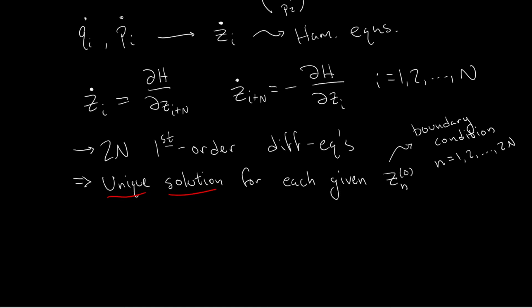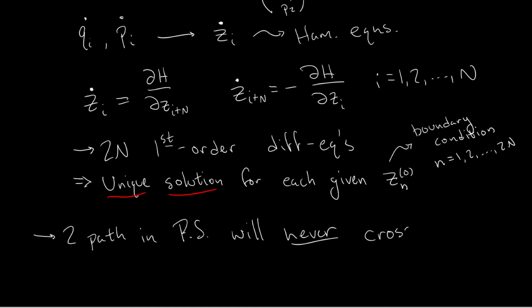So an important consequence of this is that two paths in phase space will never cross. I'm actually going to underline this never quite a bit. So no two lines in phase space.